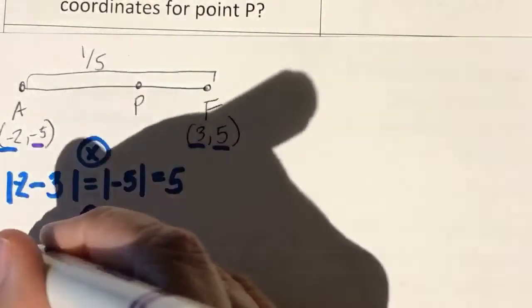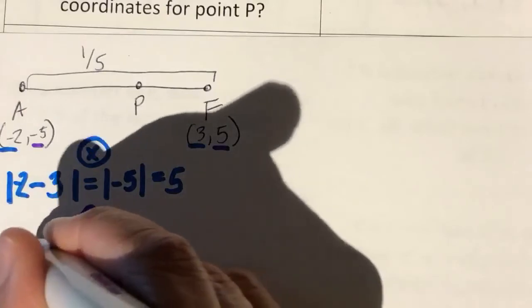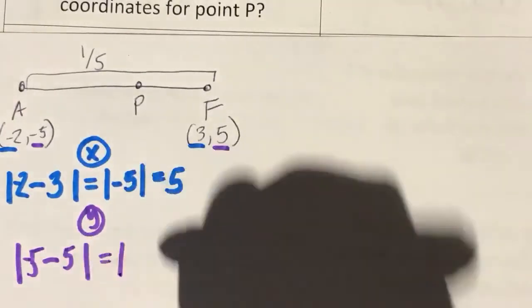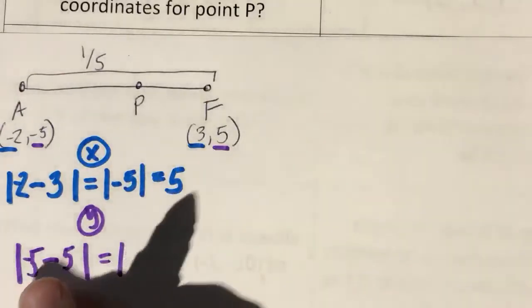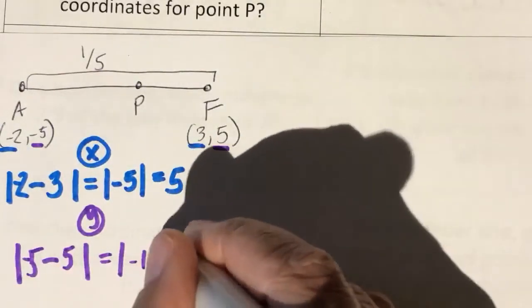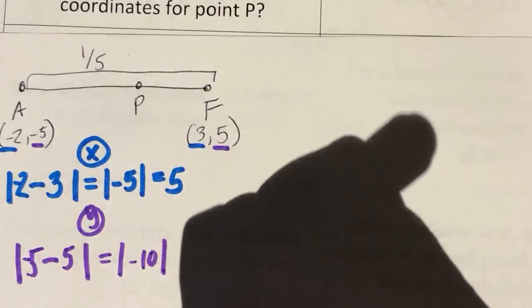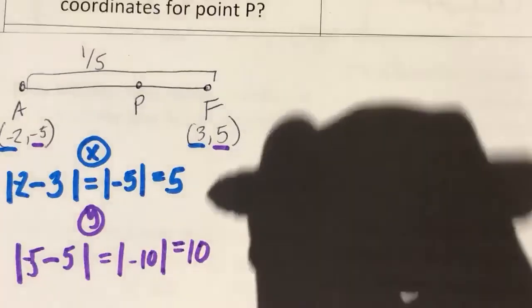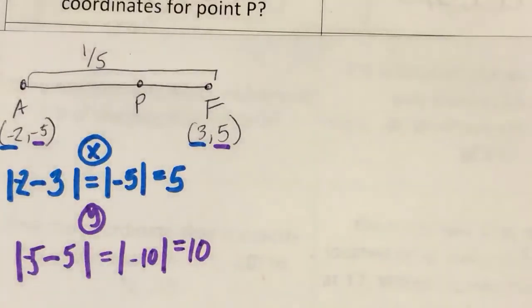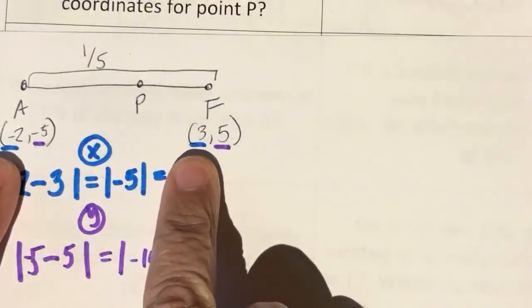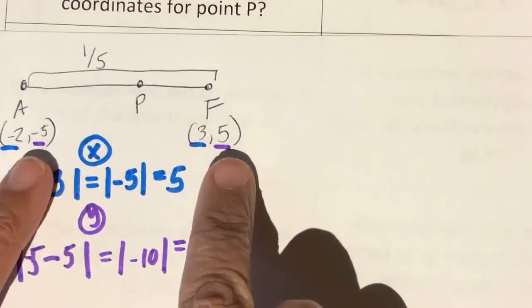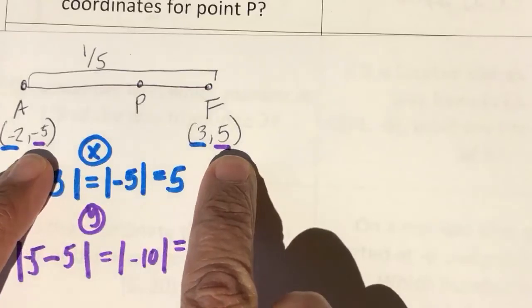So I've got -5 and +5. -5 minus 5 is -10, and the absolute value is 10. So what we just figured out was that the two x coordinates are a total of 5 units apart, and the two y coordinates are a total of 10 units apart.